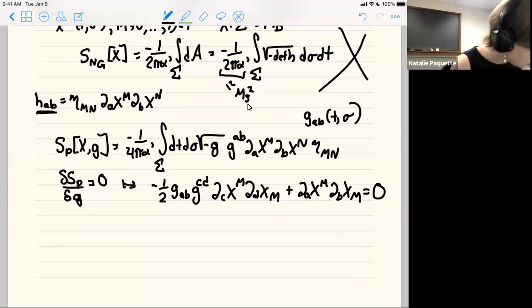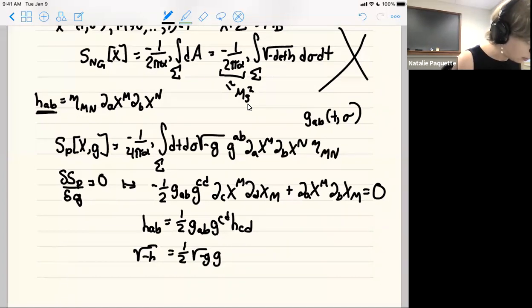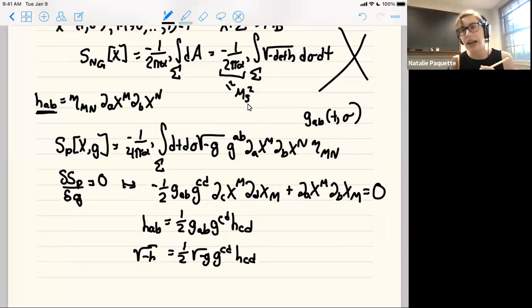If I do that, I'll get the following equation relating H and G. Then I can just take the determinant of both sides, and I can plug this result back into the Polyakov action, and you'll see pretty quickly after a line or two of algebra that I've reproduced the Nambu-Goto action again. So classically, this is equivalent, but the Polyakov action doesn't have that square root, and it'll be a little bit easier to proceed with it and quantize it.